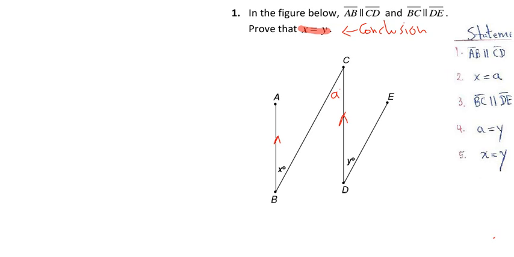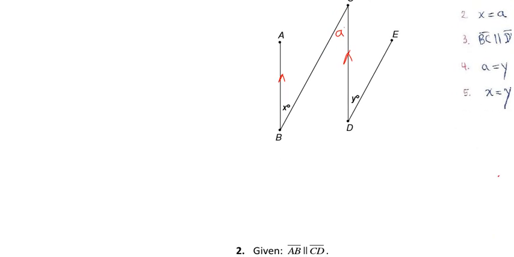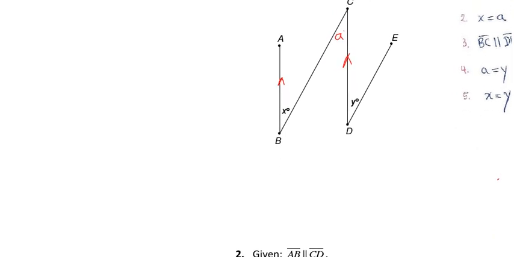So I'm writing that here in my plan. Now, because AV is parallel to CD, it's because of this that we can say that X is equal to A. So you need to mention this information here, which was given to you.